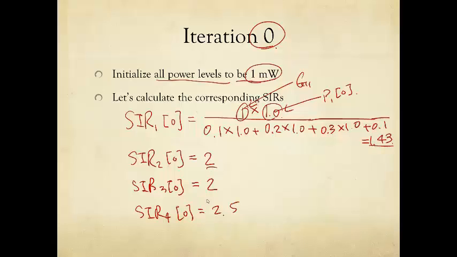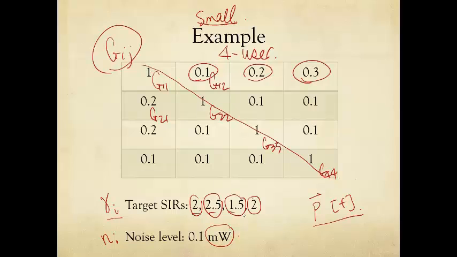If you look at these four numbers at initialization and compare with the target SIRs, you see that the first user is not getting to the target SIR. Neither is the second user. But the third and the fourth users are actually getting above their target SIRs. Instead of 1.5, you're getting 2 already. Instead of 2, you're getting 2.5.